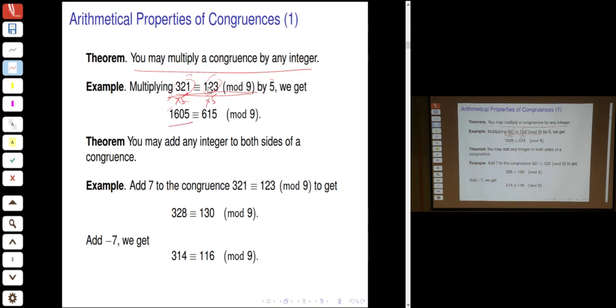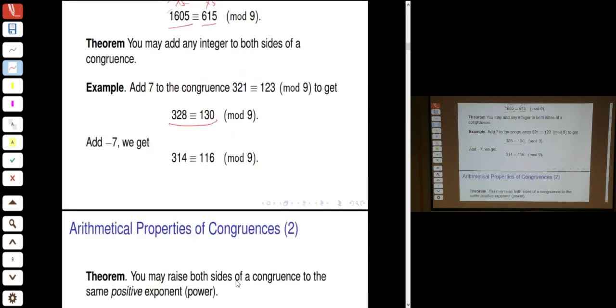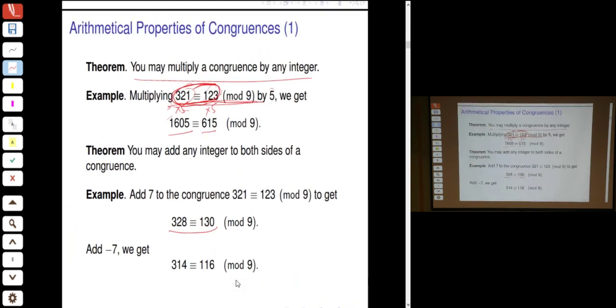Similarly, you can multiply 123 by 5 and you get 615, and the result is that if you have this congruence 321 congruent to 123 mod 9, then you can multiply both sides by the same integer and still have the result congruent mod 9 or mod n.